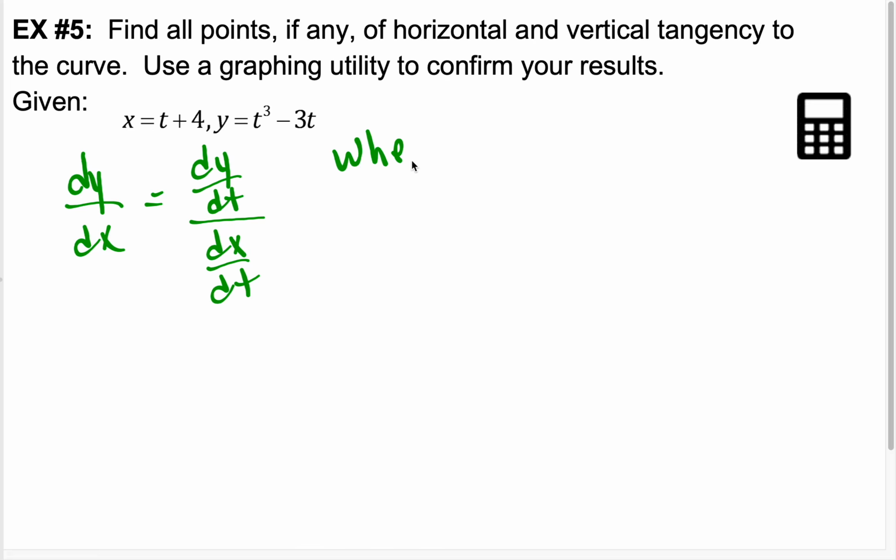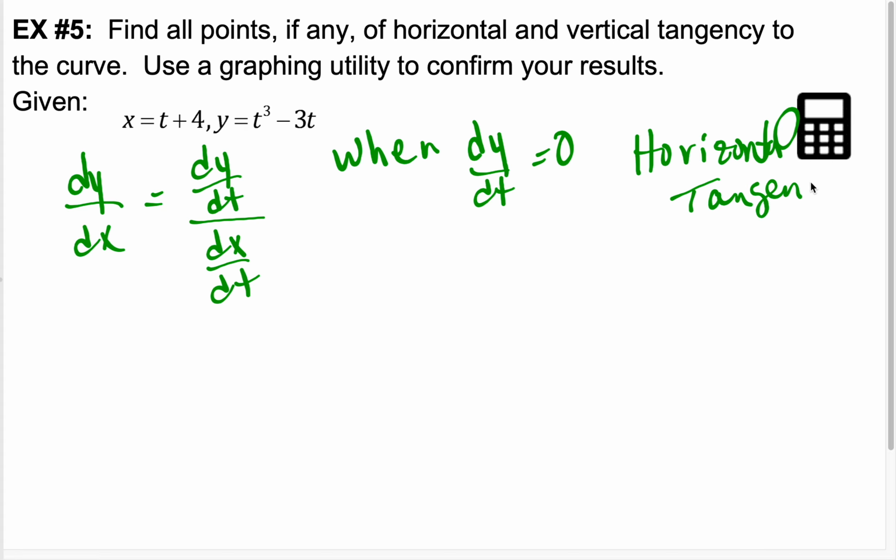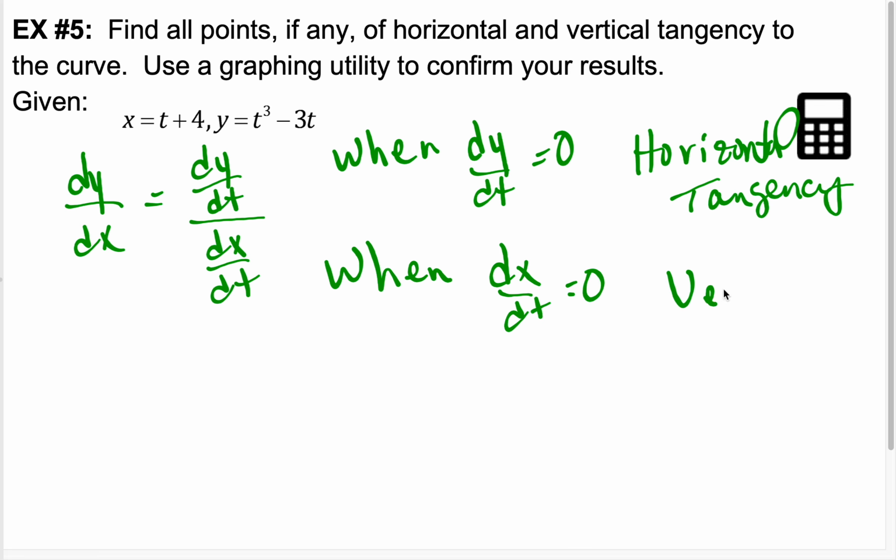So when dy/dt is equal to 0, we have created a horizontal tangency. And when dx/dt equals 0, we have a vertical tangency. All right, so let's do it right now.